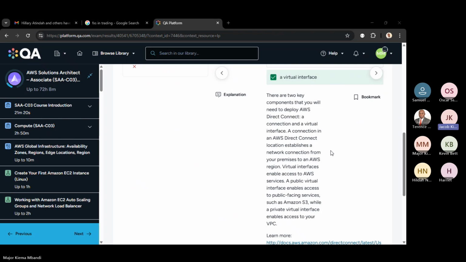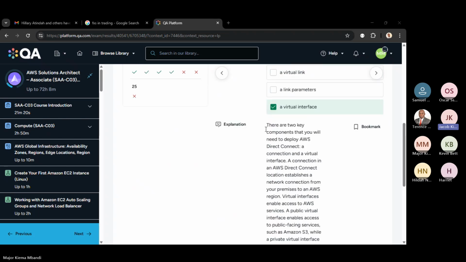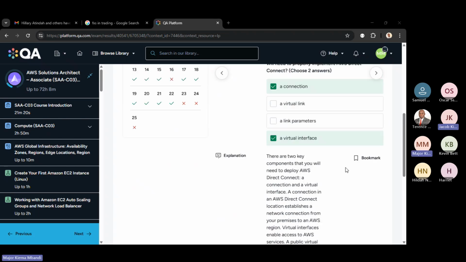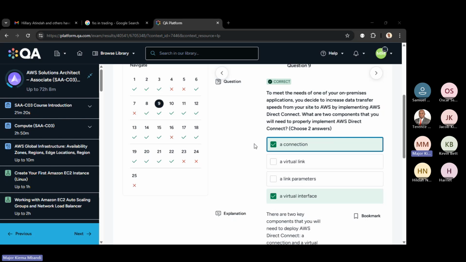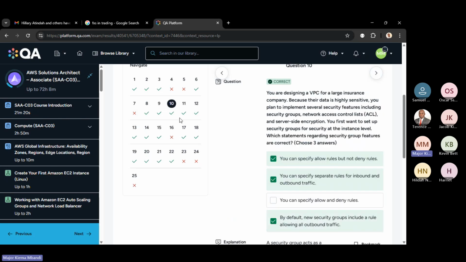Virtual interfaces enable access to AWS services. A public virtual interface enables access to public-facing services such as Amazon S3, while a private virtual interface enables access to your VPC. The connection is made up of physical connectivity.